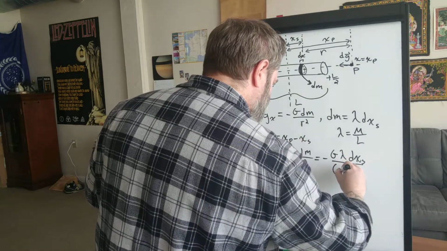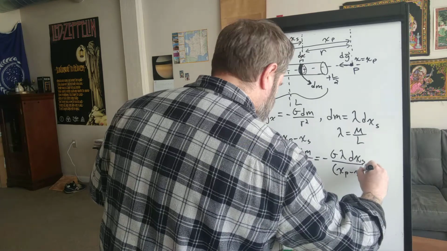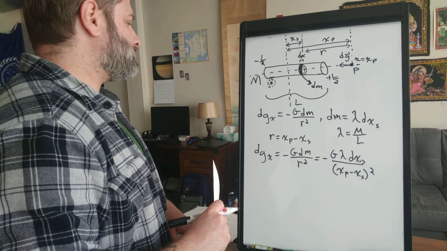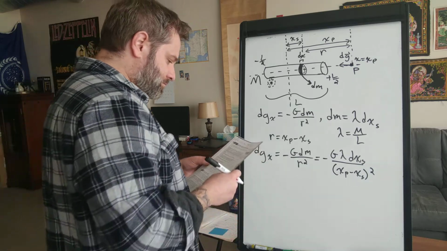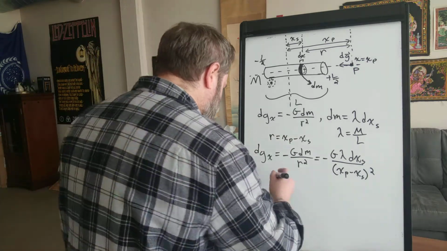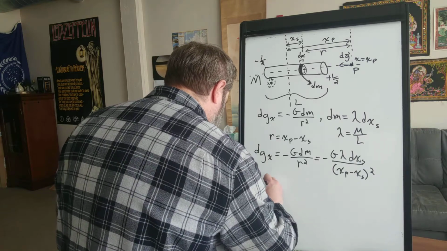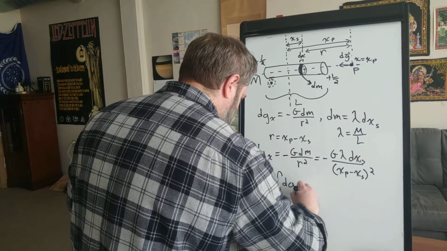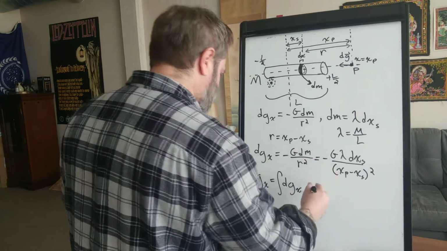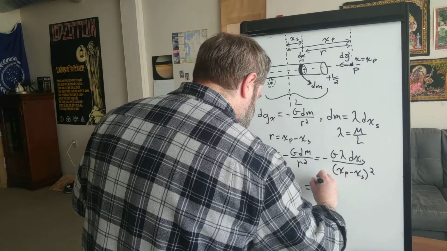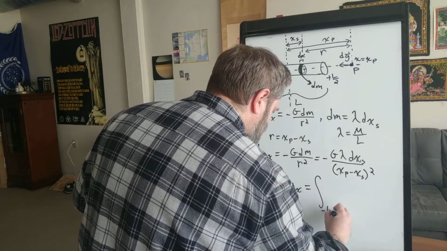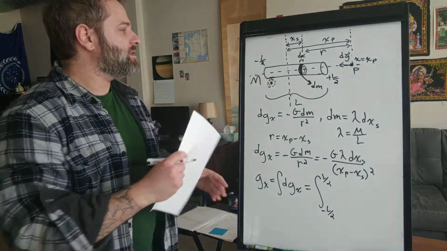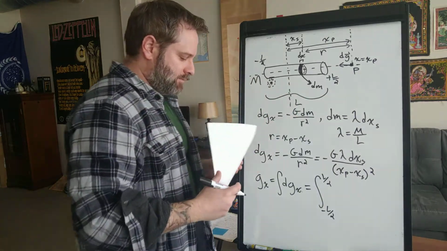Divided by x of p minus xs squared. Okay. And then if we want to know that gx, this is just the integral of dgx. So we plug that in, set our limits, which of course are negative L over 2 and L over 2, the endpoints of this object. We integrate over the object.